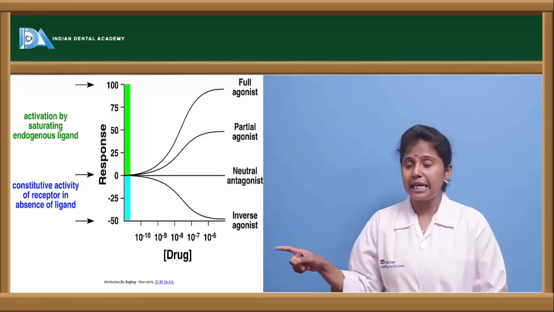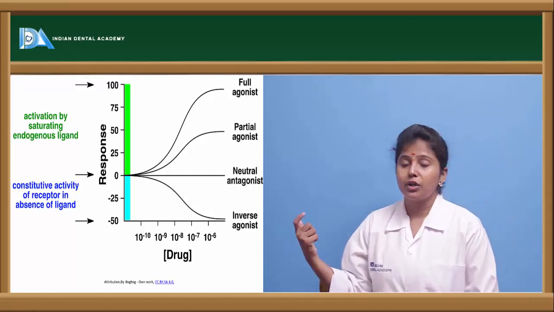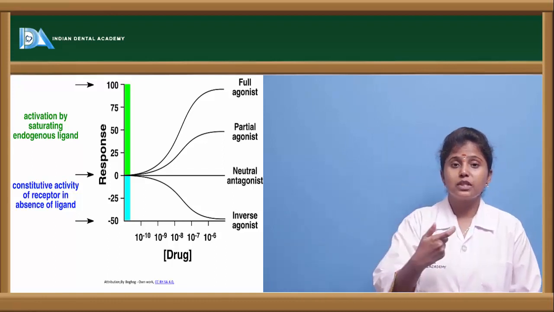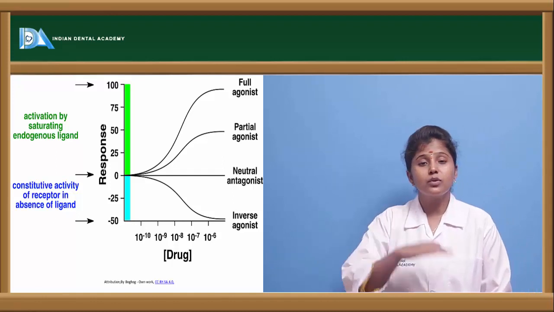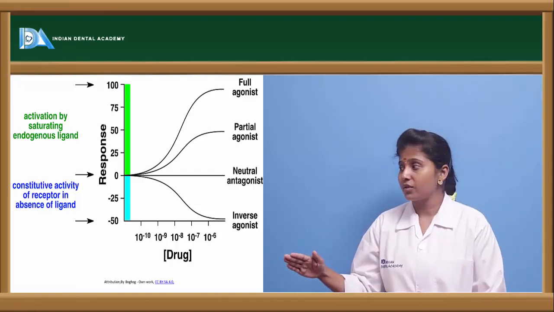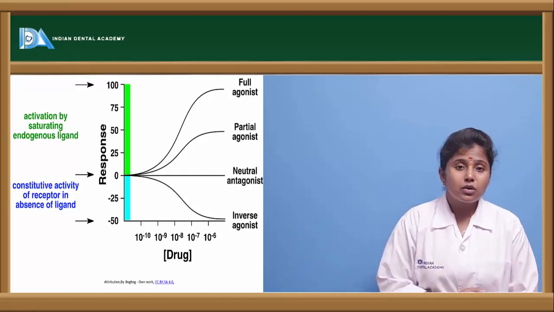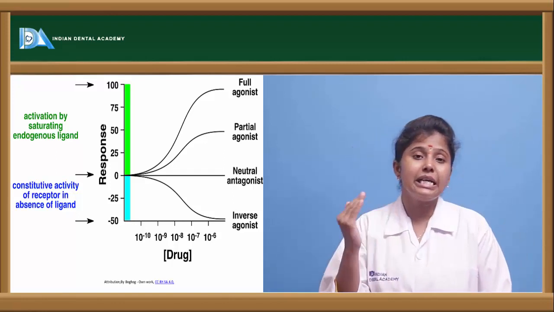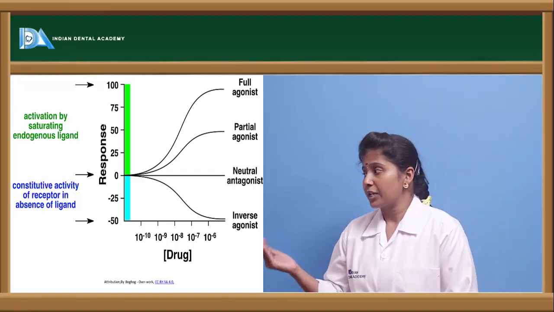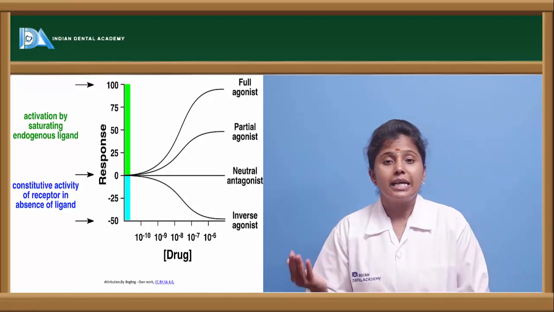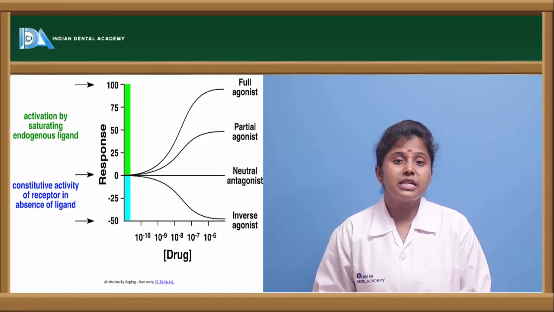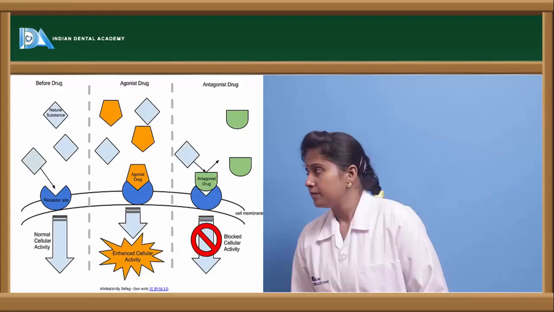Here, if we see the graph, the neutral antagonist is the one which does not have any effect. An inverse agonist is a compound which will reduce the efficacy of the drug molecule. A partial agonist is a molecule which slightly increases the agonist action. And a full agonist is a compound which completely increases the action.